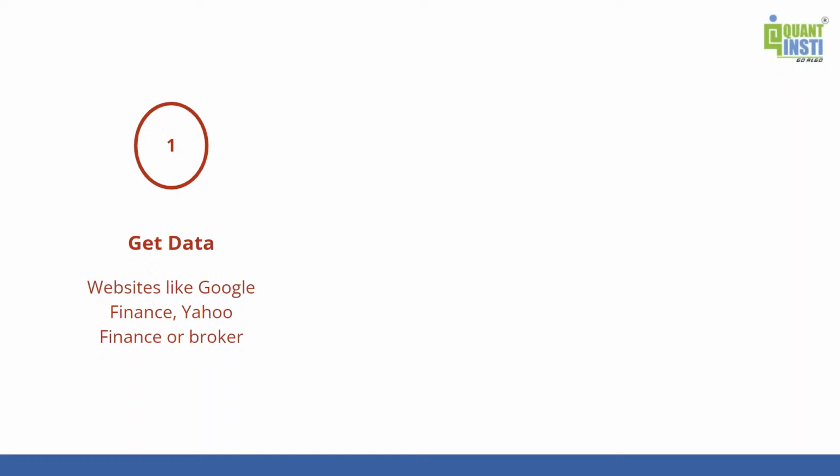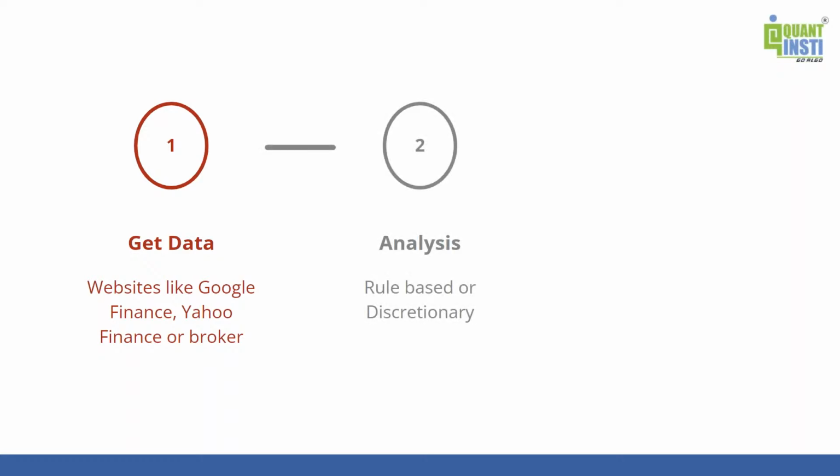You get data, you clean the data, as we call it, to make sure the data is proper. Then you move on to the next step, which is somewhat the major step when it comes to trading: the analysis part. This analysis can be rule-based.